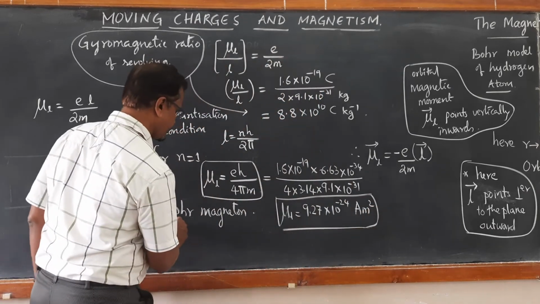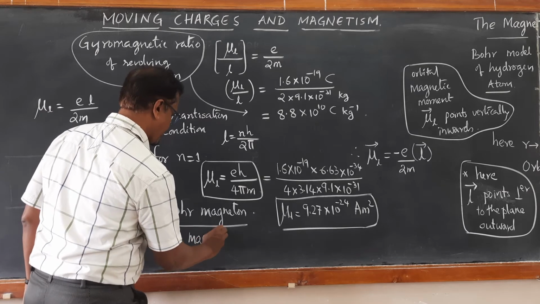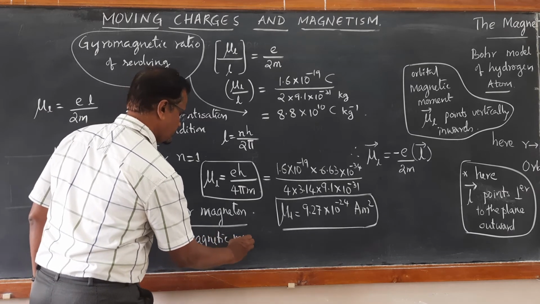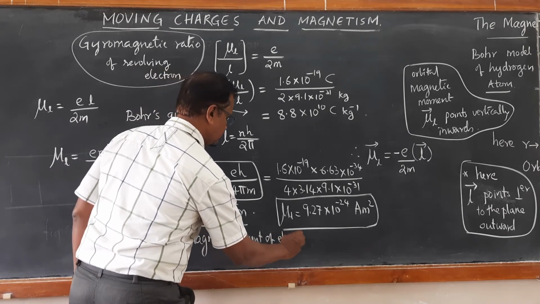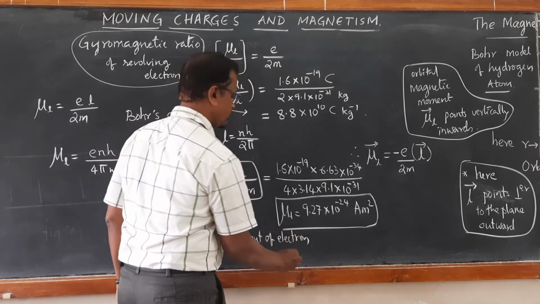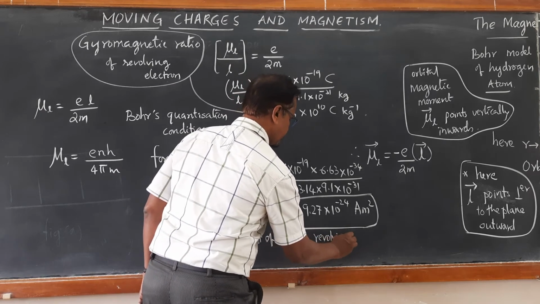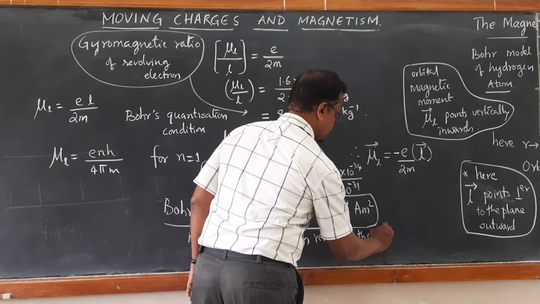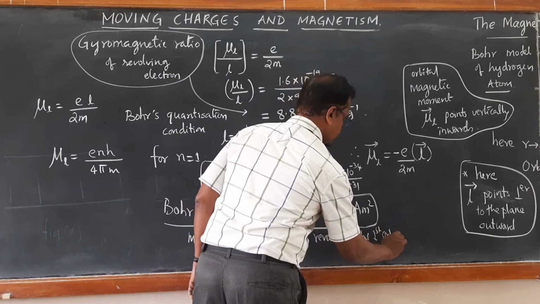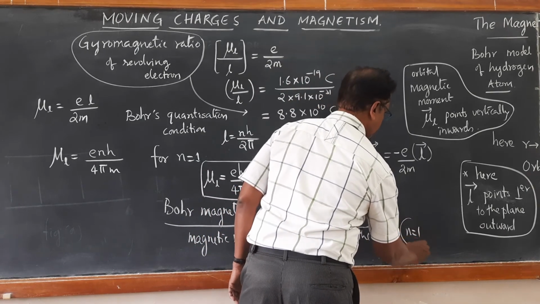So, how do you define the Bohr magneton? It is the magnetic moment of an electron revolving in the first orbit, which is called the ground state, for which n is equal to 1.